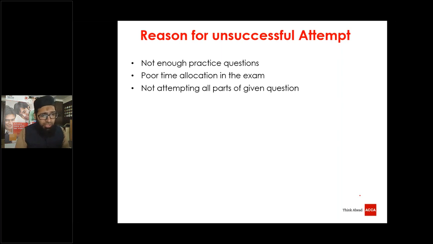Because sometimes, even in the difficult parts, if you have been able to perform a calculation which carries around 1 mark or 2 marks, this 1 or 2 marks calculation will be sufficient for you to sometimes make you through the exams. As you know, the difference between 49 and 50 is only 1.